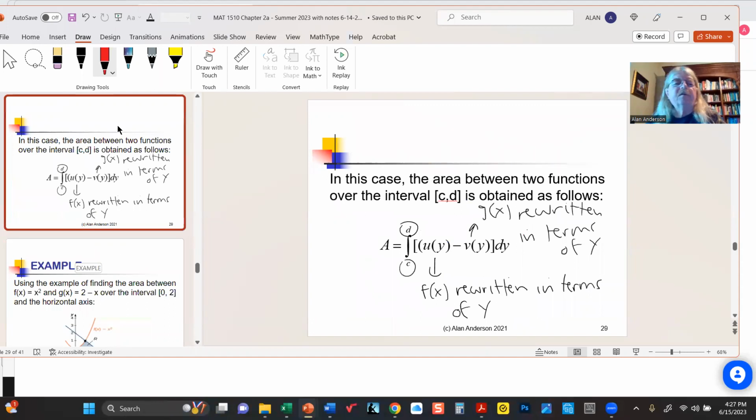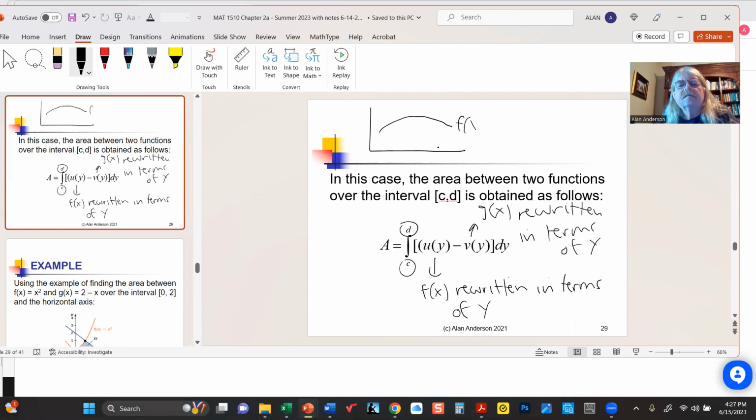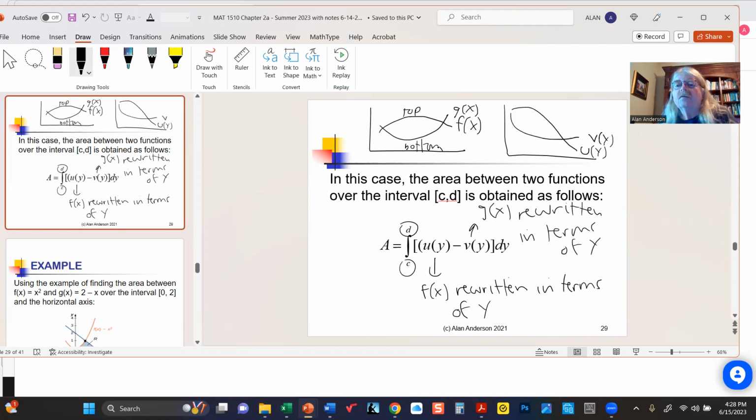Now remember before, and of course it depends, instead of thinking about top and bottom functions, we're going to have to think about left and right functions.